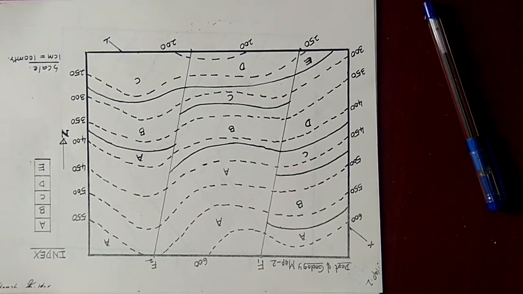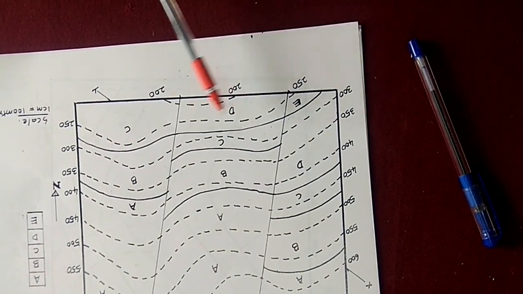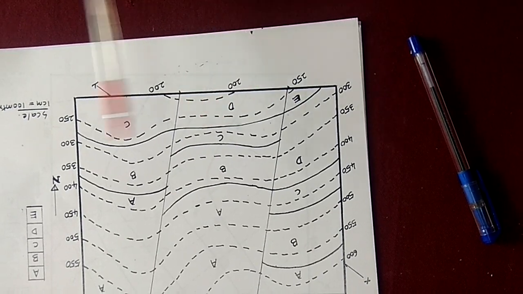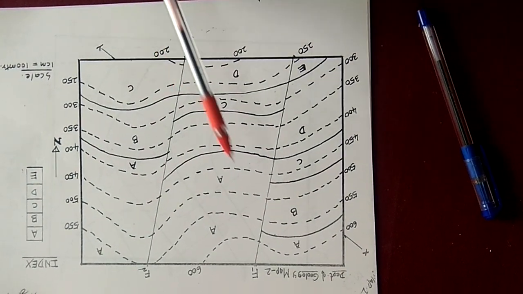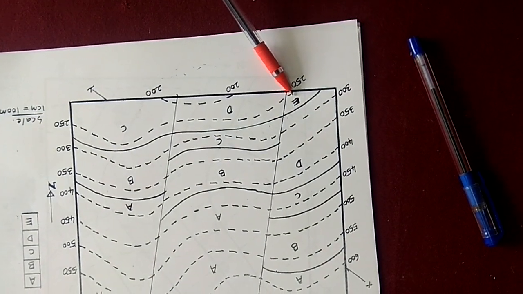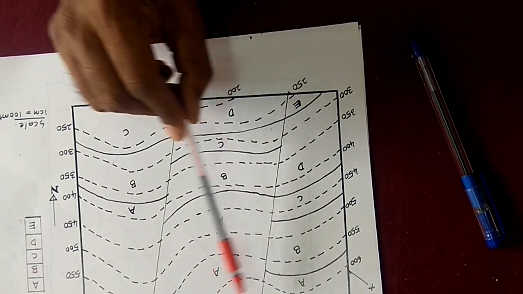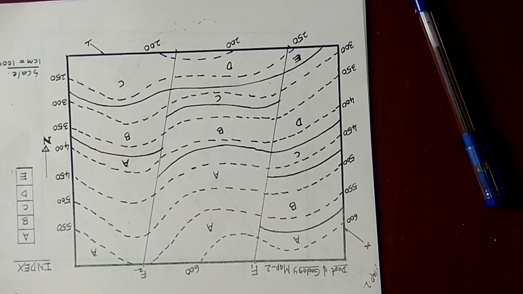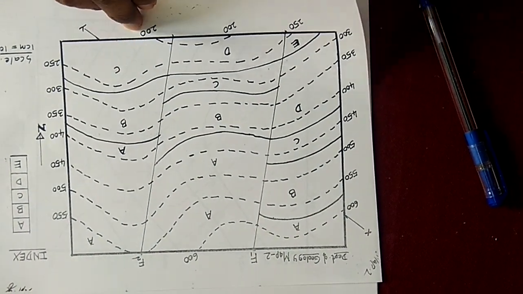Okay friends, once again you see in this map contour lines are parallel to the bedding planes, hence beds are horizontal. Second point, A is the youngest, E is the oldest, and third point, two faults are available. Okay, this is the second map.